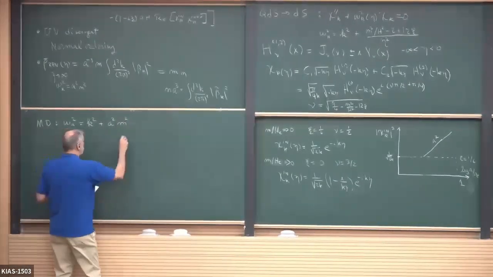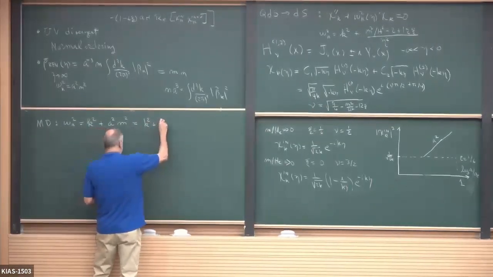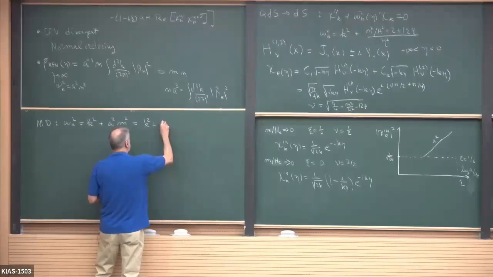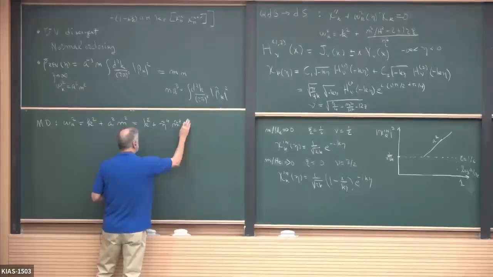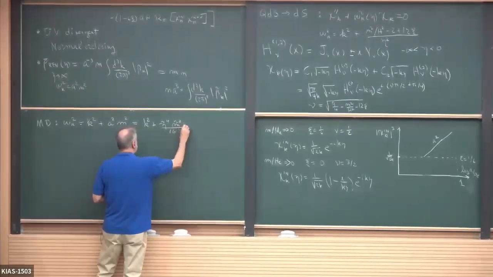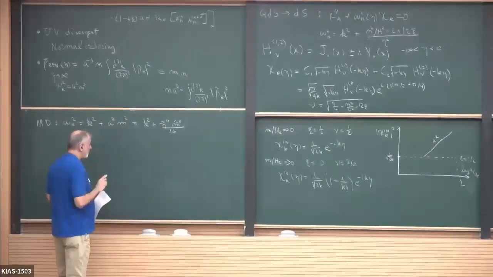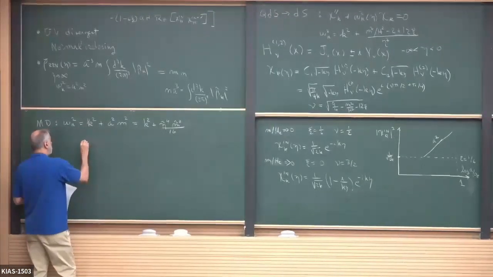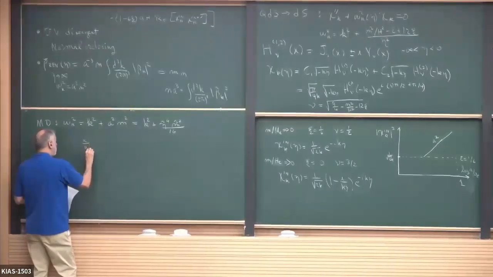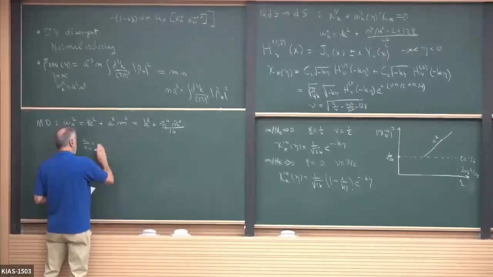And a squared in the matter-dominated era, and this is something, I think it was yesterday or maybe Monday, A over AE in the matter-dominated era is 1 plus, 1.